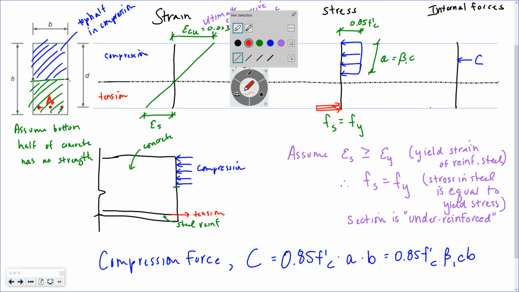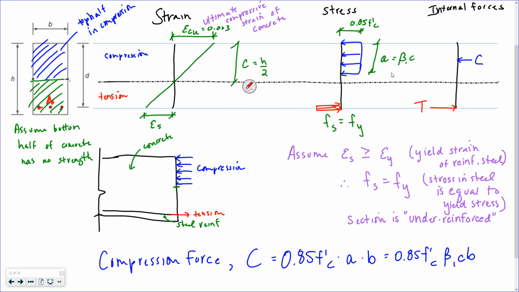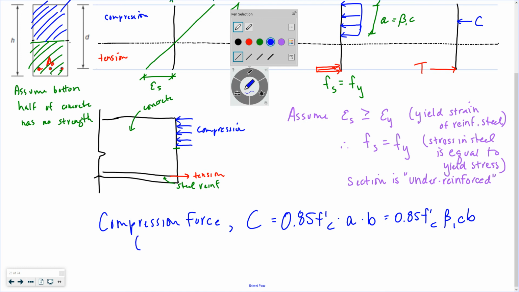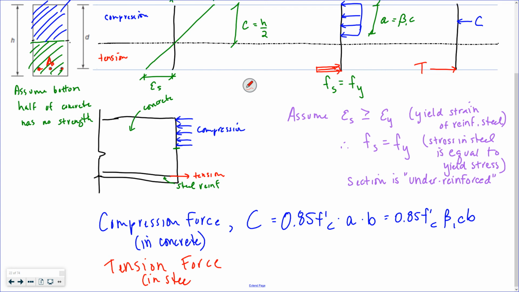I also have a tension force. I can resolve that stress in my steel. Remember, this compression force is in the concrete. This also happens to start with C. It's nice like that. And then my tensile force, or tension force, whatever you want to call it, which is in my steel.